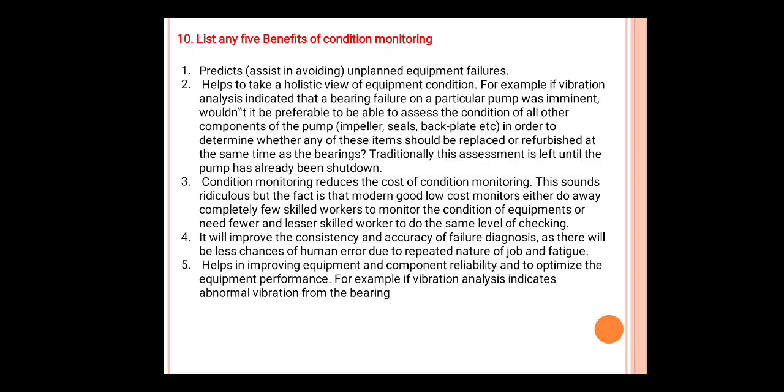Fourth, it improves the consistency and accuracy of failure diagnosis, as there will be fewer chances of human error due to the repeated nature of the job and fatigue. Fifth, it helps in improving equipment and component reliability and to optimize equipment performance. For example, if vibration analysis indicates abnormal vibrations from the bearings. So these are all the benefits of condition monitoring.